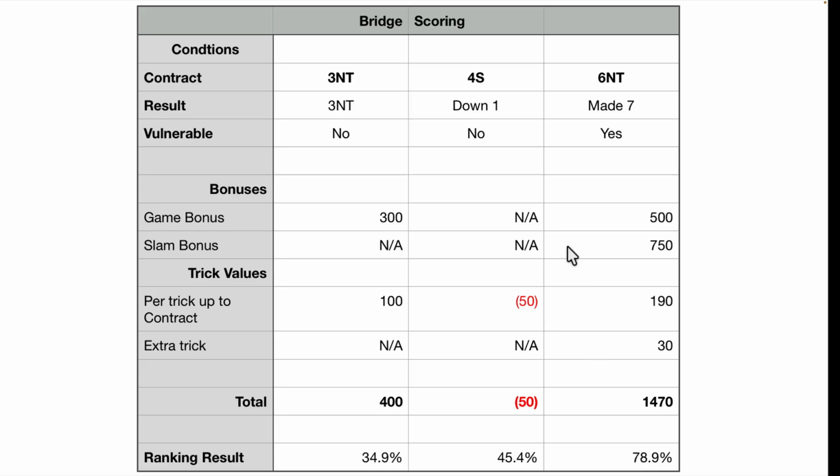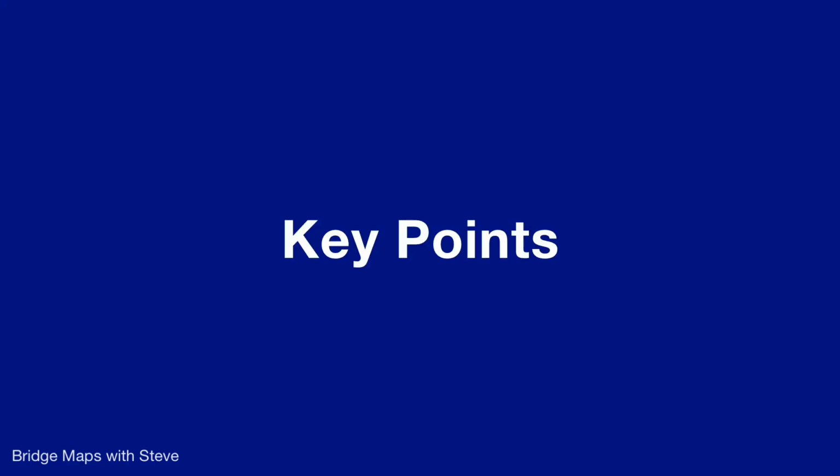So when you take all these things into consideration, you can understand that the goal is really to understand the scoring structure and its impact on ranking outcomes, so you can make better decisions at the table.